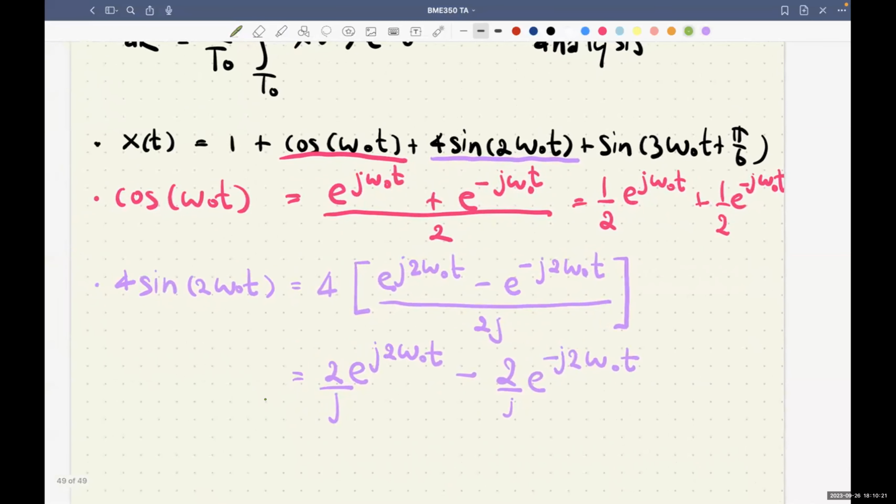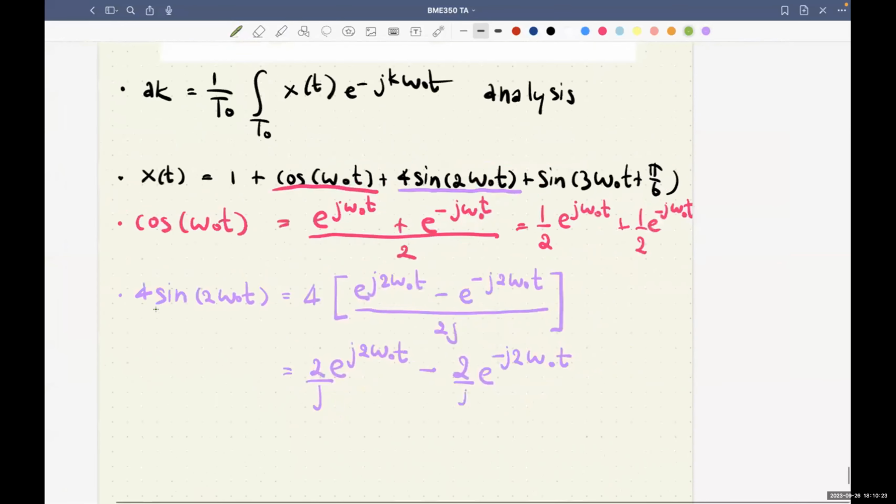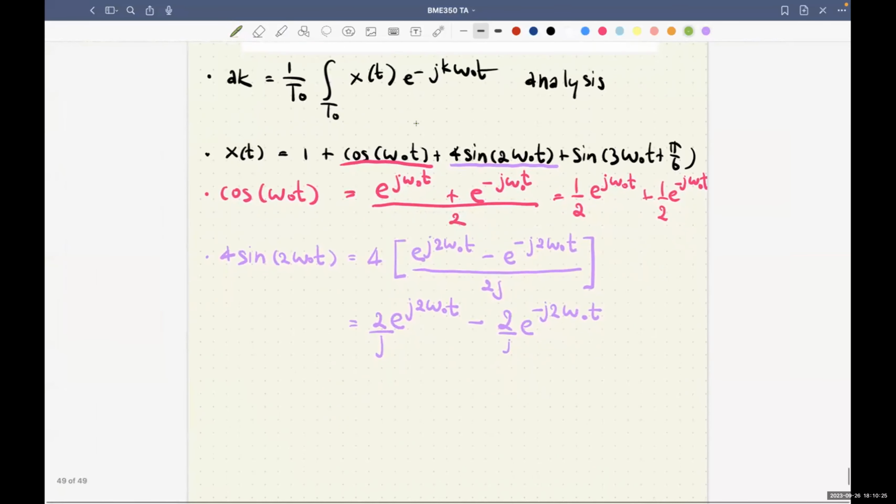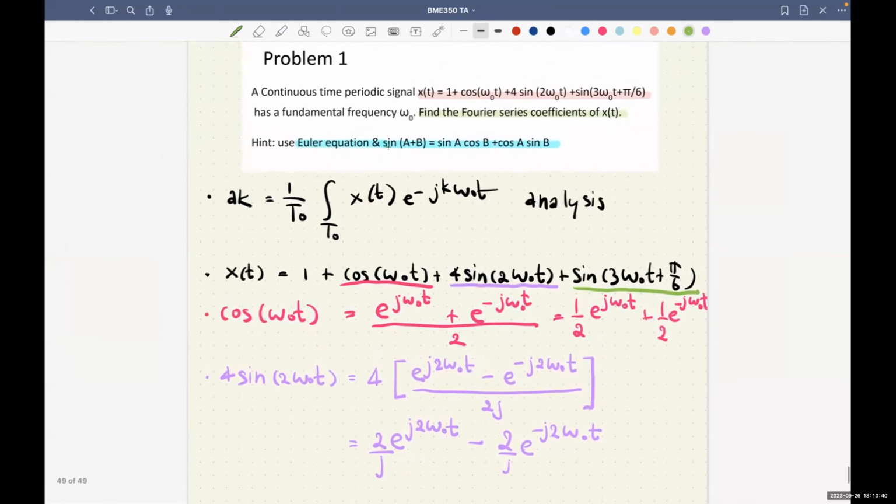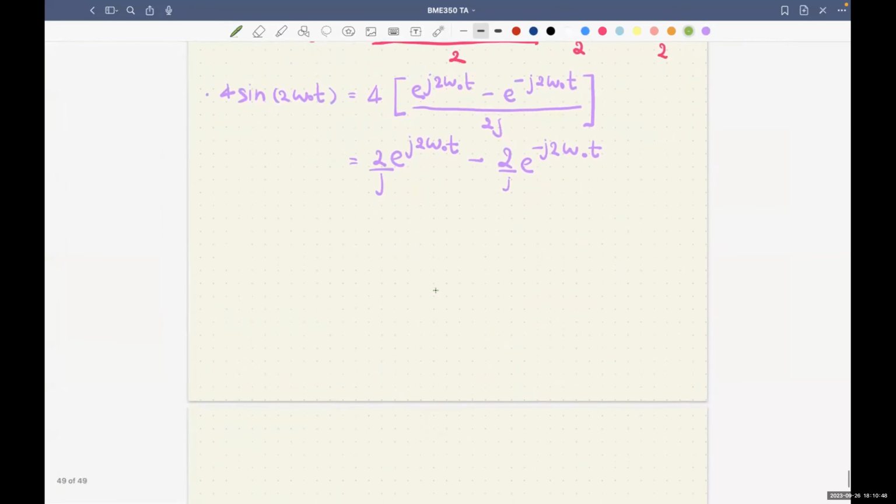So the first two terms are rather simple. We just need to put them in Euler form. But for the third term here, we're going to use this equation: sine A plus B equals sine A cosine B plus cosine A sine B. All right.